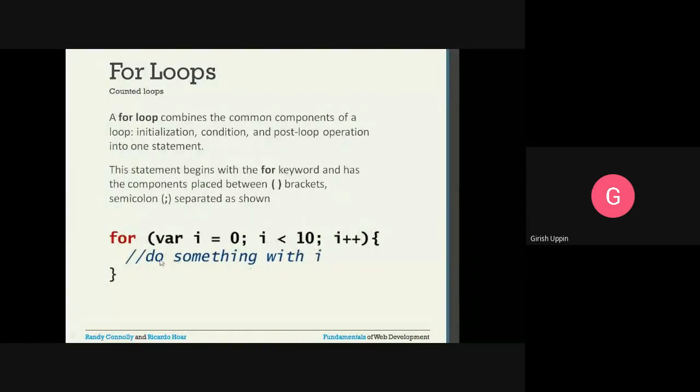It will come inside, no statement, then it will increment the i's value to 1. 1 less than 10, true, it will execute the body. Basically nothing is there. Again increment the value, i will become 2. 2 less than 10, again it will execute the body, and so on until i reaches a value of 10. When it reaches a value of 10, 10 less than 10 is false, and it will come out of the for loop.